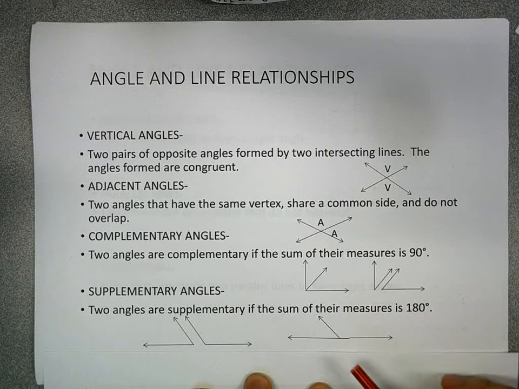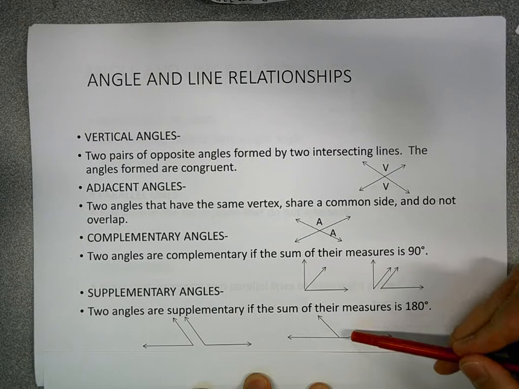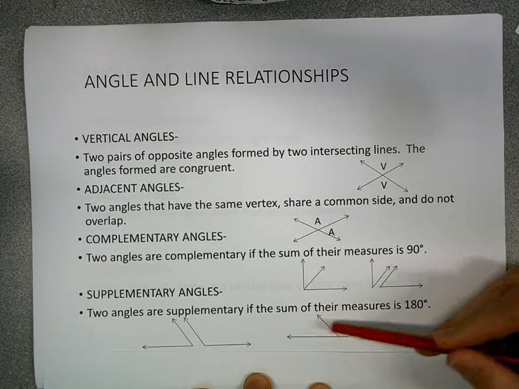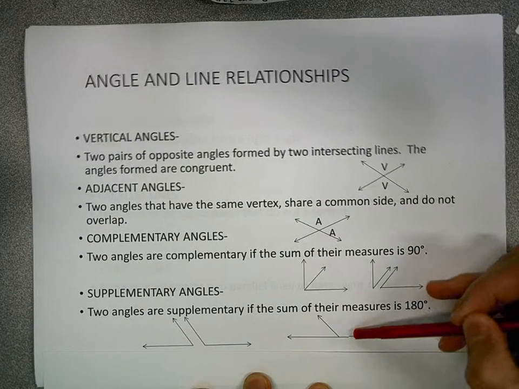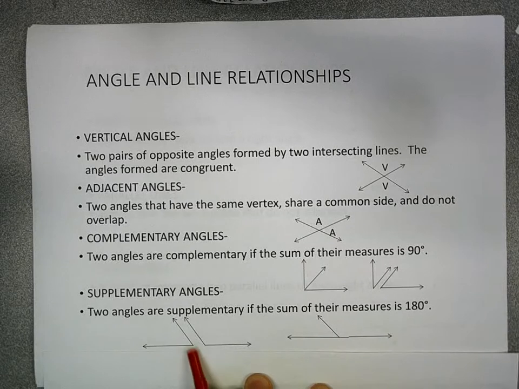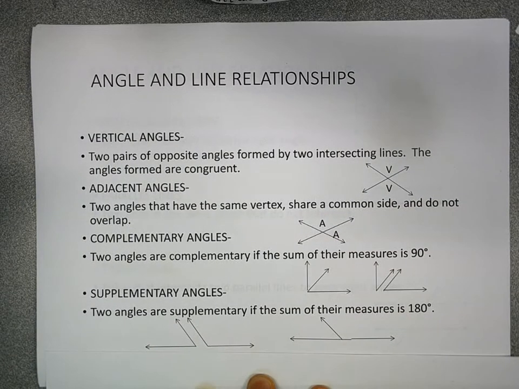These are adjacent angles, this angle here and this angle here, that are supplementary angles. Together they'd add up to 180 degrees, or basically together they'd create a straight line. Here's another set of supplementary angles that are not adjacent: two separate angles that would add up to 180 degrees.